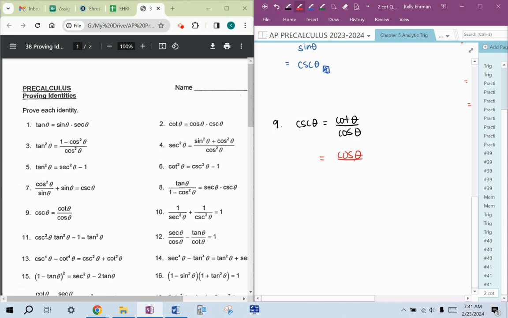It's cosine theta over sine theta over cosine theta over 1, if you want to show that. Same trick we did last problem. Change this to a multiplication problem. Instead of dividing by cosine, we're going to show that we can look at that as times 1 over cosine theta, and then the cosines cancel. You're left with 1 over sine theta, which is cosecant theta.